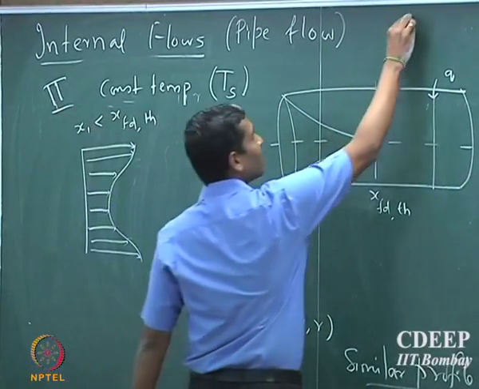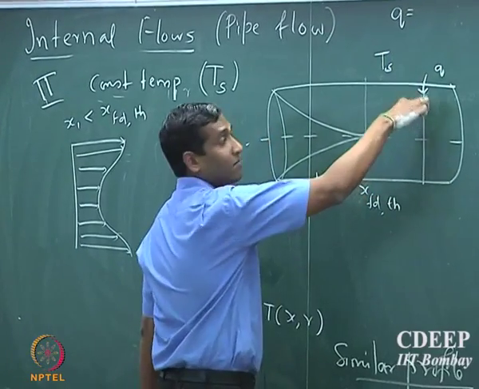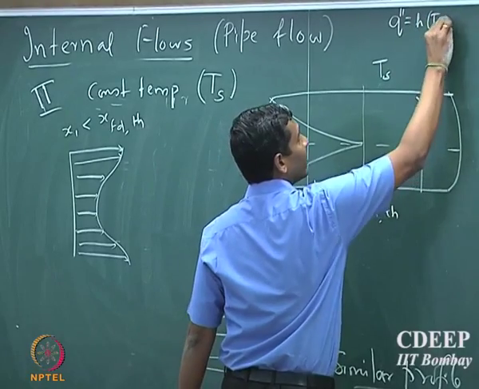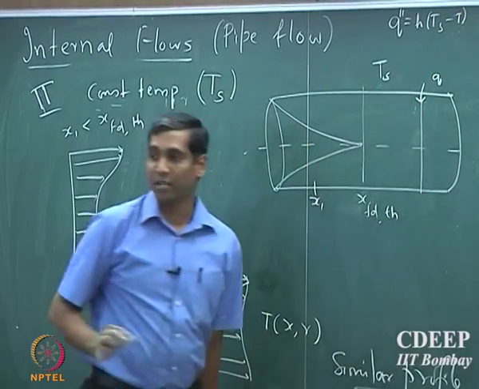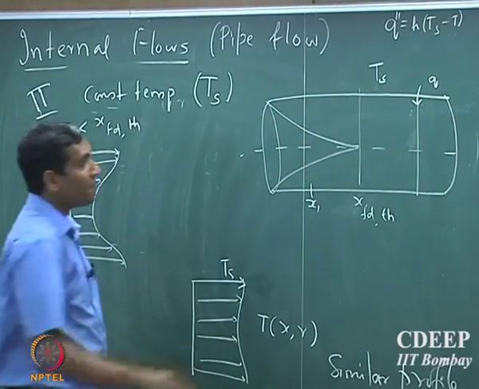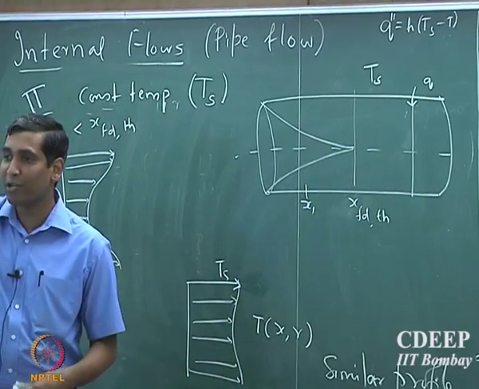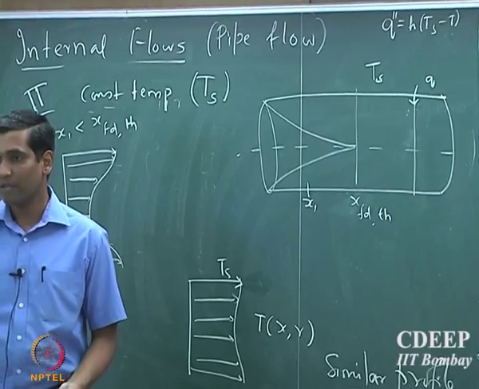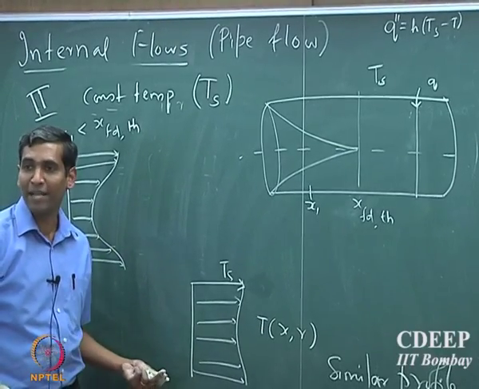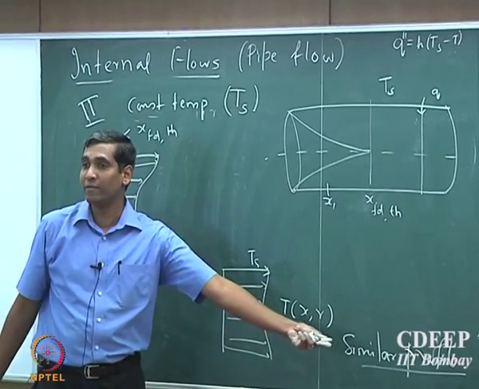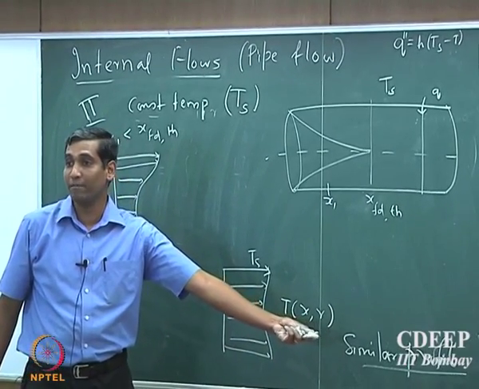What's Newton's law of cooling? At the local point, the flux is given by some heat transport coefficient times the temperature difference. So till the fluid equilibrates with the wall temperature, there is going to be constant addition of heat from the wall to the fluid. Therefore there is addition of capacity to the fluid, and so you will see that the temperature is going to change with x location in the fully developed regime.